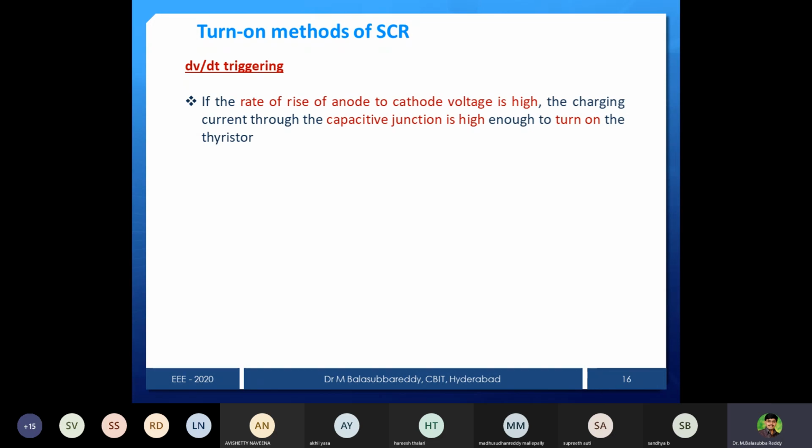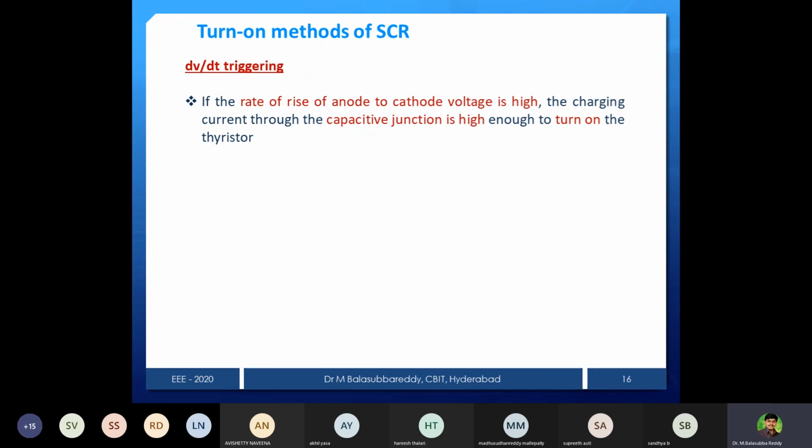Now, the rate of rise of anode to cathode voltage is high. Then what will happen? The charging current through the capacitive junction is high enough to turn on the thyristor, because there is a specified limit for a particular thyristor.